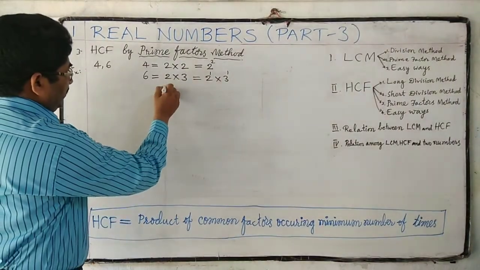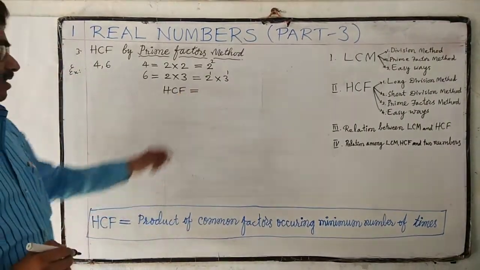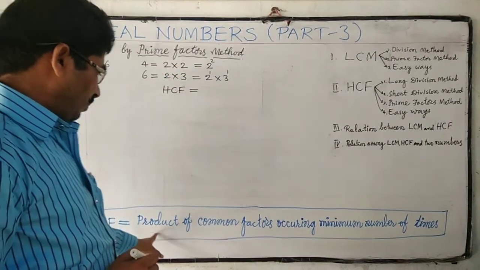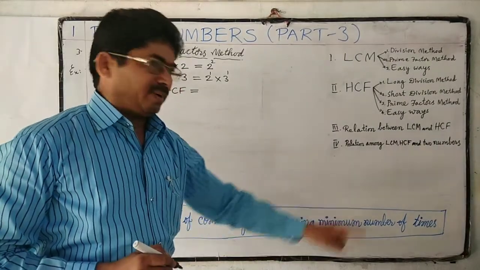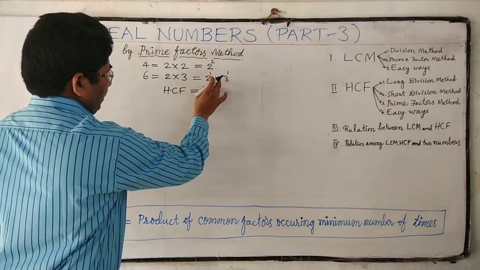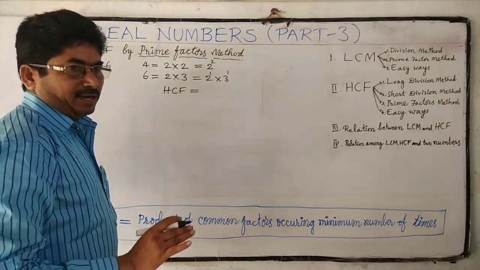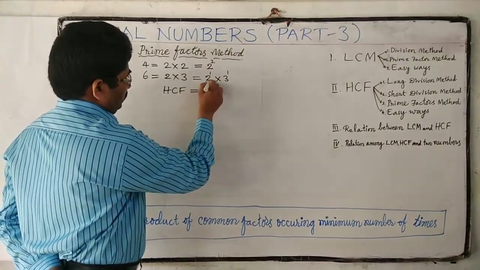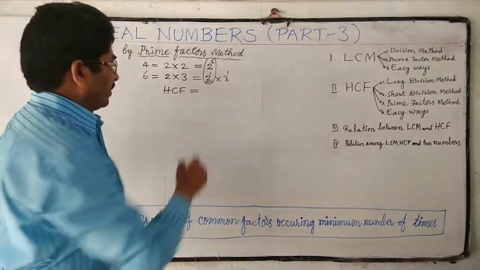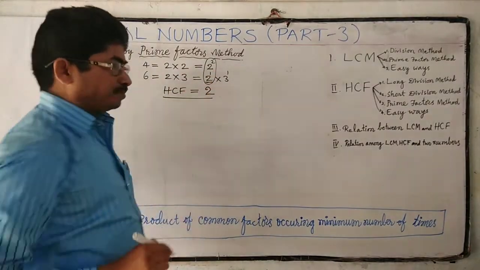Now the HCF of these numbers is the product of common factors occurring the minimum number of times. Common factors only we have to take, and among them we take the one occurring the minimum number of times. That is the HCF. So 2 to the power of 1 is the minimum. So 2 is the HCF of these numbers.